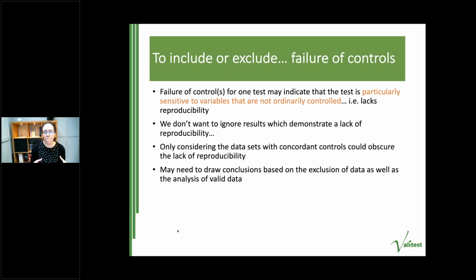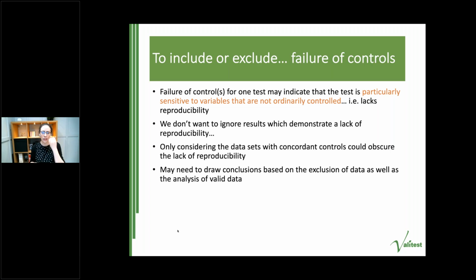If we're trying to decide whether to include or exclude data on the basis of controls, there might be sporadic failure of controls, which might indicate a small amount of contamination, or just sporadic errors here and there. But failure of controls for one test in lots of labs might indicate that that test is particularly sensitive to variables which we're not normally controlling.